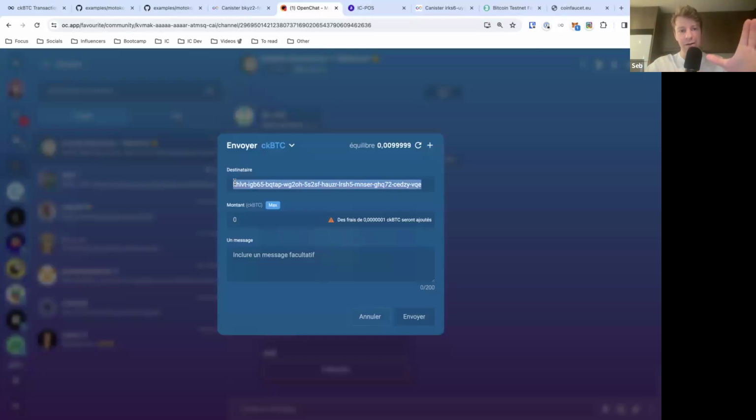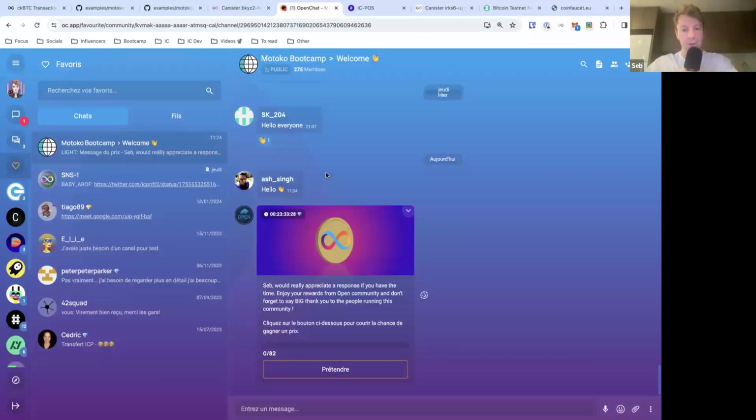This is not something that we've seen, but on the IC you have your principal, which represents your identity, and then you can have multiple accounts. Essentially, you have a main sub account, and then you have two to the power of 32 sub accounts, which you can use. This is meant for you to have multiple wallets within the same application, like a main wallet or a savings wallet, something like this.